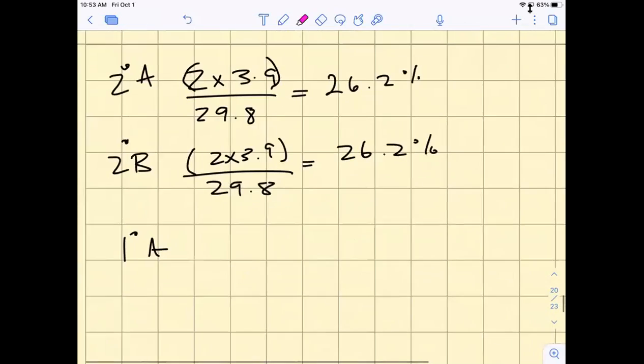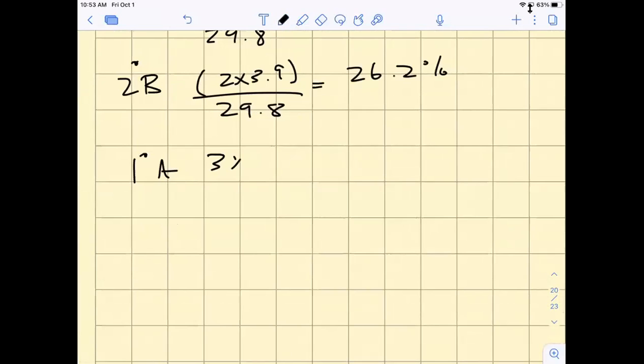So it's going to be 3 times 1 divided by 29.8 times 100. I'll clean that up before I post it. What do you got? About 10%, 10.1.